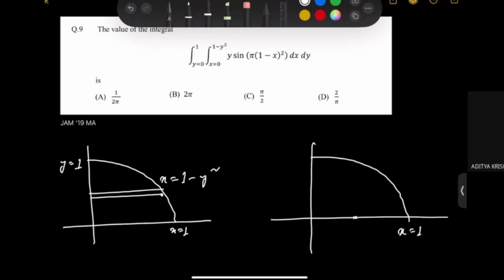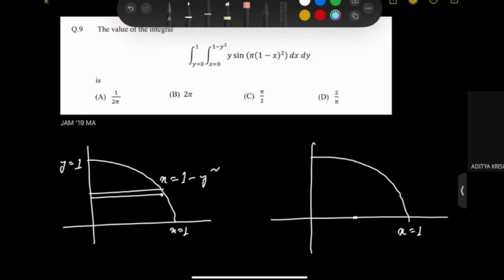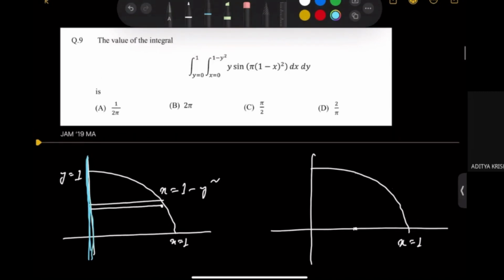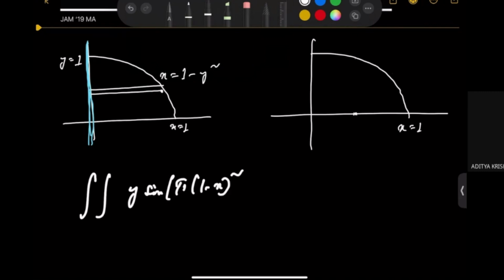X lies between 0 and 1 minus y squared, because the function is y sine pi (1 minus x) squared dx dy.